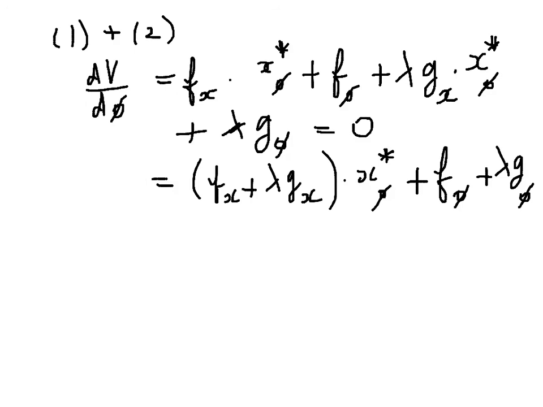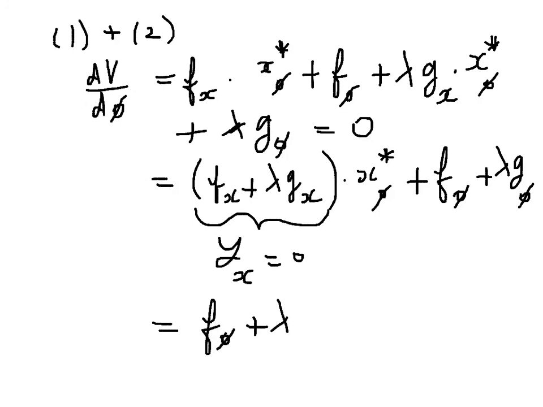Now from the first order condition, this is the partial derivative of the Lagrangian with respect to x, and this is equal to 0. This is the first order condition, so we are left with the remainder of this expression here, which is partial derivative of f with respect to phi plus lambda times partial derivative of g with respect to phi, and this is actually the partial derivative of the Lagrangian with respect to phi.